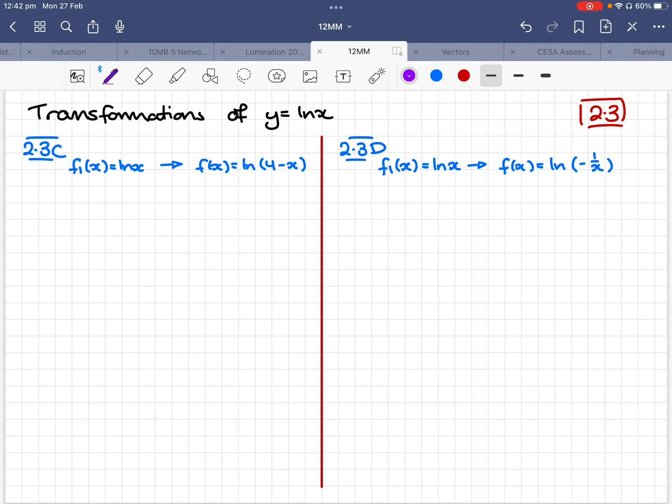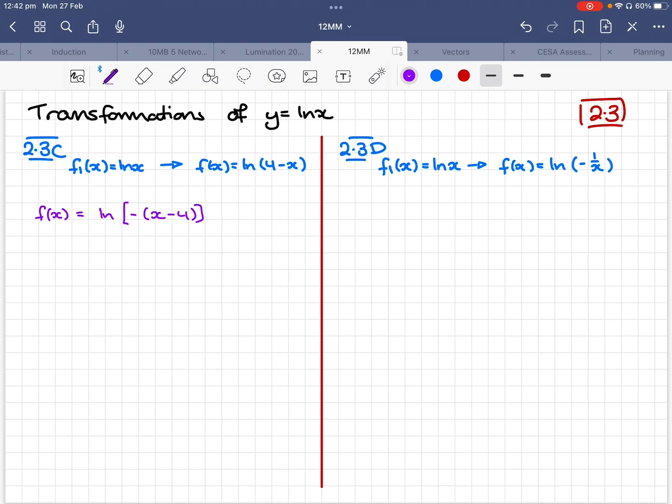We really don't want to have like a coefficient of just the x in there. So it's kind of similar to the last one. We do need to do some manipulation here. So f of x is equal to ln. Let's write this as the negative of x minus 4. The advantage of doing this is we can see clearly what's b and what's c in this case.